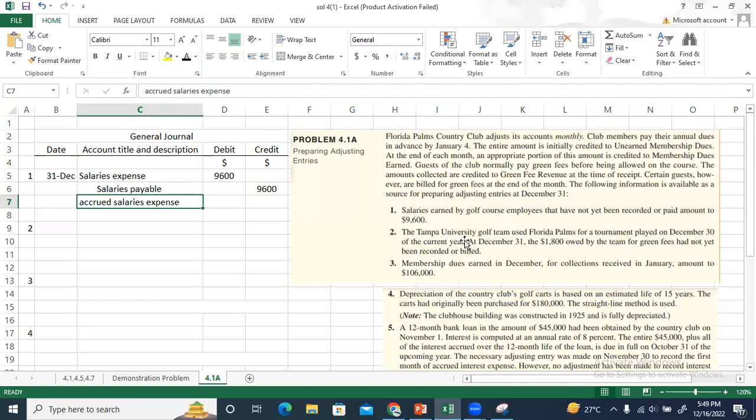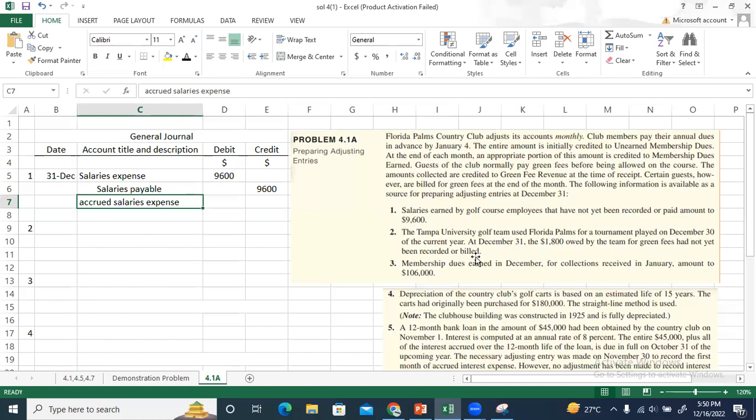Second is the Tampa University golf team used Florida Palms for a tournament played on December 30th of the current year. So there's a university that has actually used the club on December 30th. At December 31st, the 1800 owed by the team for green fees has not yet been recorded or billed.